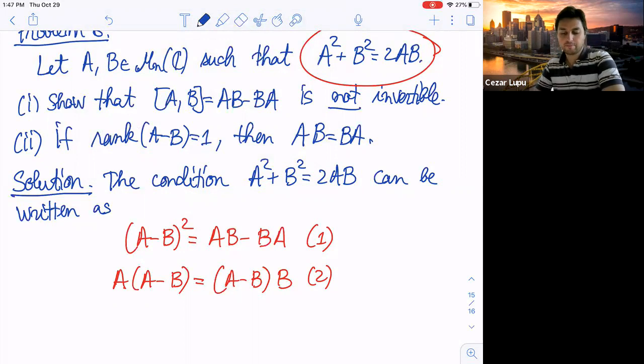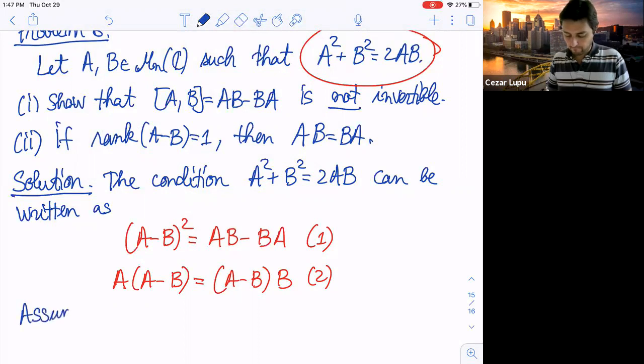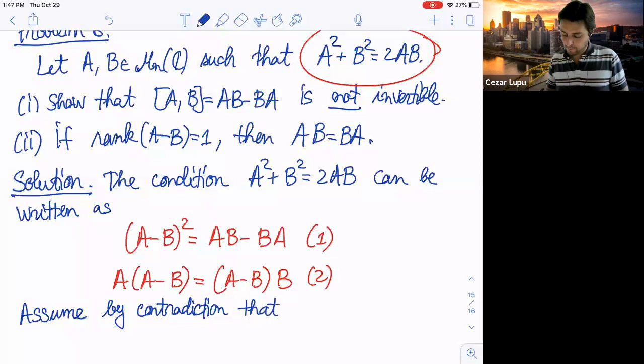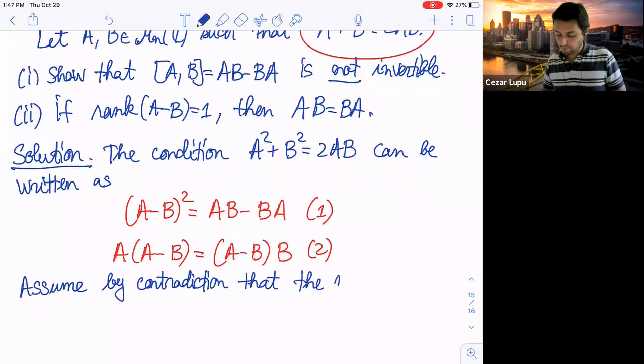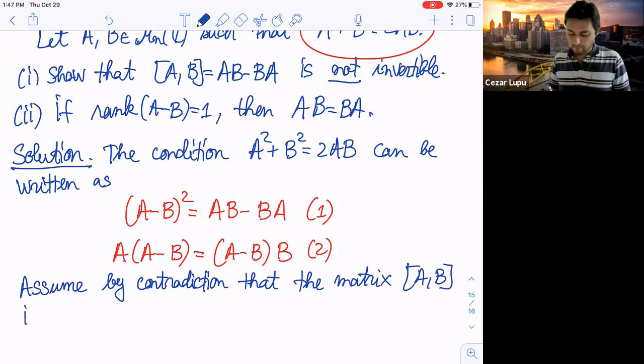So let's assume by contradiction that the matrix, the commutator, the bracket, is non-singular.